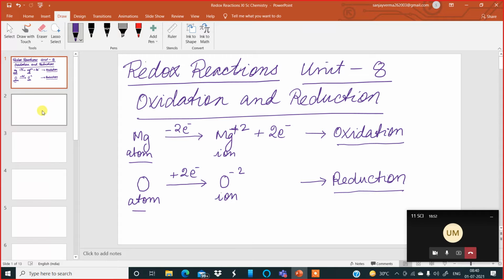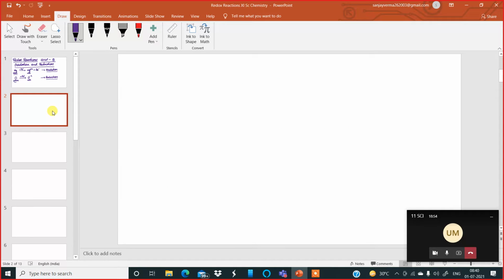Now the same thing, my dear boys. If I write the electron dot diagram, magnesium has 2 electrons in its outermost shell, and the oxygen atom has six electrons in its valence shell.